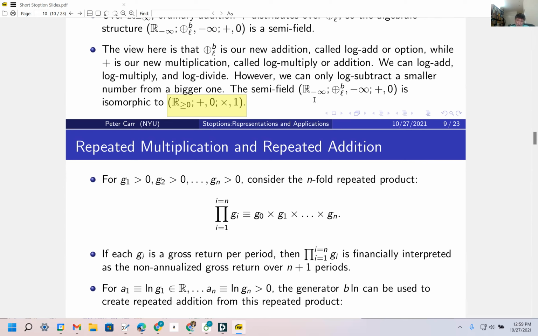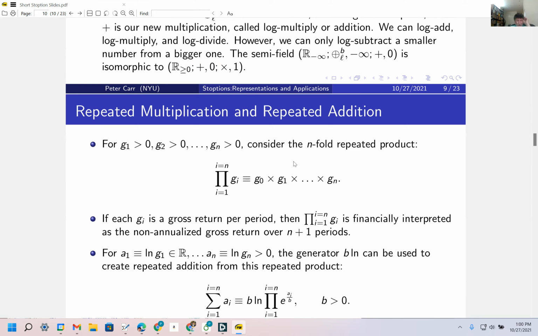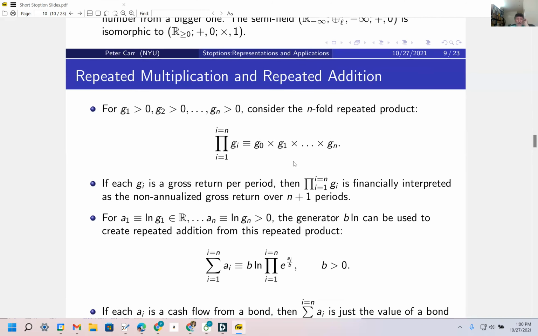And I'm saying that if you take as a generator the log for any base, not necessarily base e, then you end up in this isomorphic semifield. The choice of base is controlled by this superscript b, which will play the role of volatility, well, not literally equal to it.